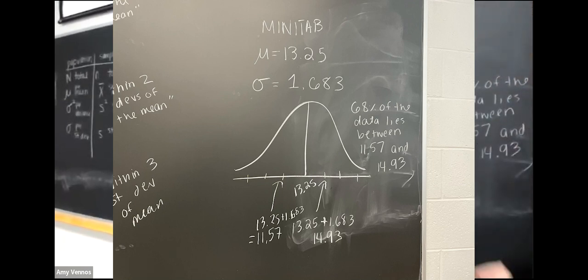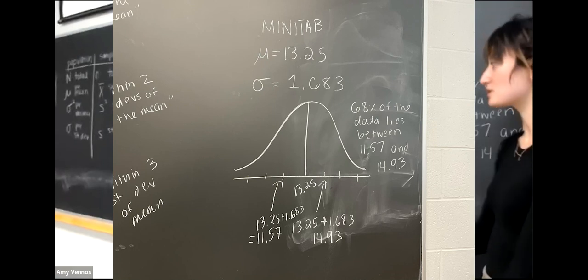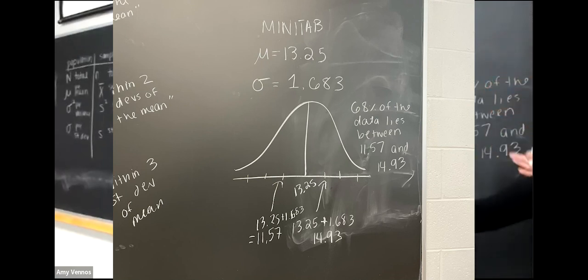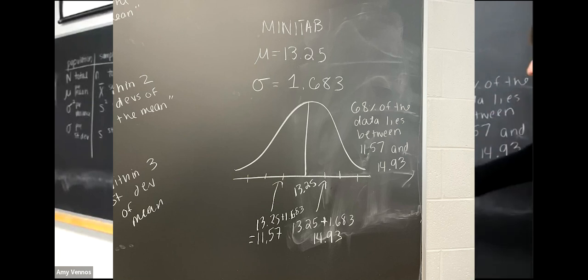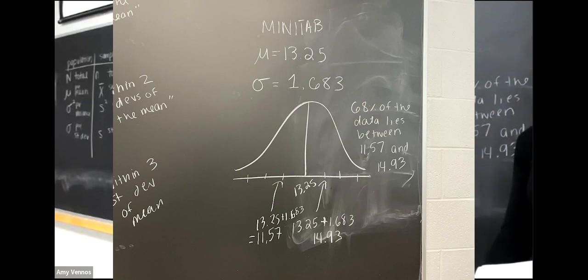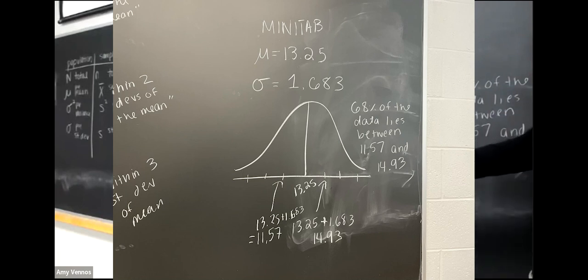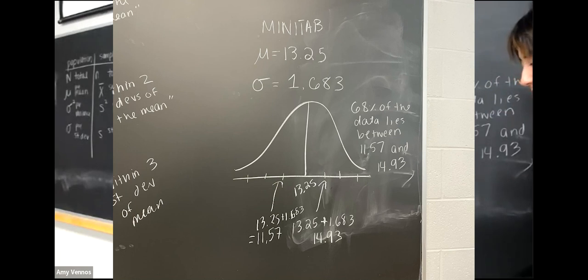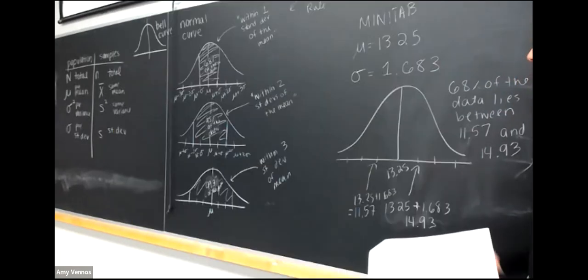Okay, we could go 2 standard deviations out and do the same thing. We could go 3 standard deviations out, do the same thing. But all in all, we can create the numbers that we know that 68 or 95 or 99.7 of the data lies between. Okay. Any questions on the empirical rule?